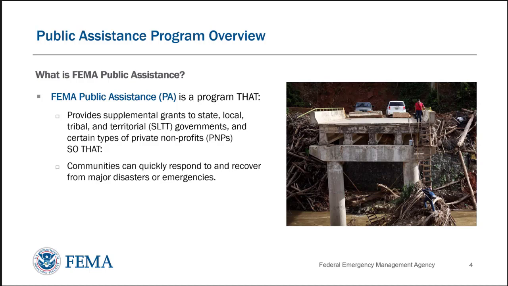Public Assistance, PA, is a program providing supplemental grants to state, local, tribal, and territorial governments, SLTTs, and certain types of PNPs, your private nonprofits, so communities can quickly respond to and recover from major disasters or emergencies.